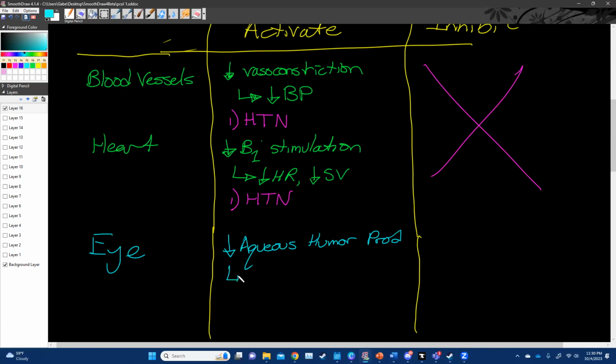So what's happening here is that we are decreasing beta 2 stimulation, which is decreasing the aqueous humor production. So where is this useful? Glaucoma. Specifically the drug apraclonidine, which I believe is a modified version of clonidine that prevents it from being systemically absorbed, I think.